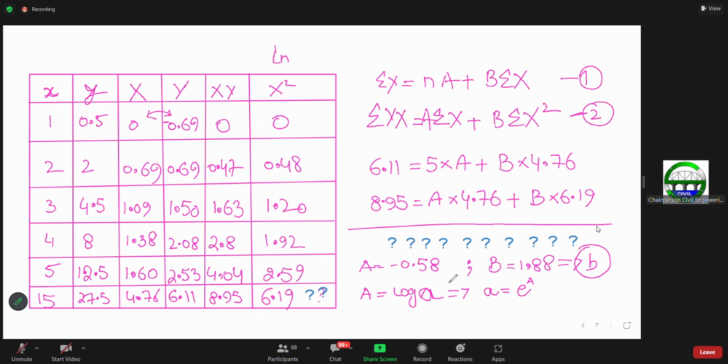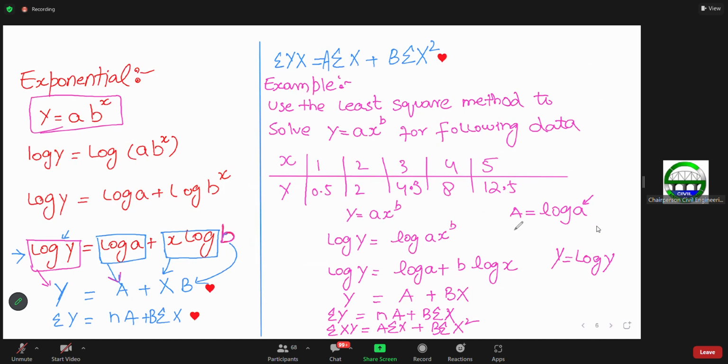A is equals to what? Can you take the inverse and tell me what is the value of A? 0.56? Okay.